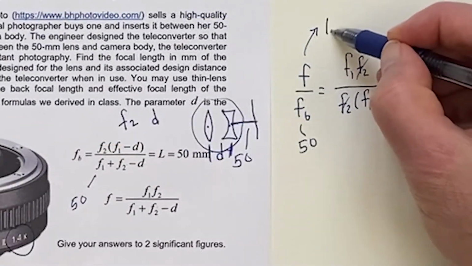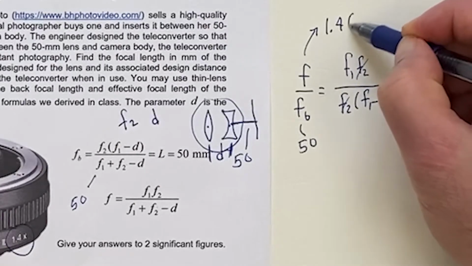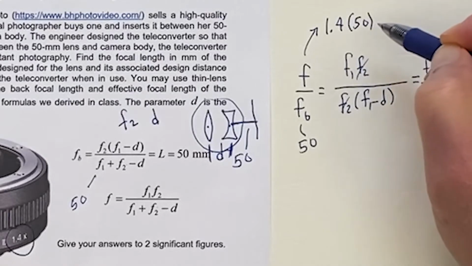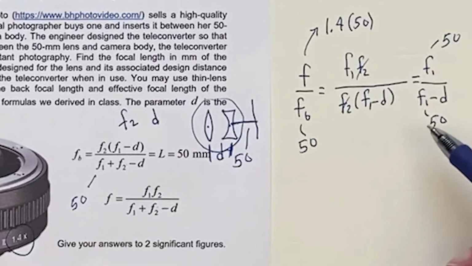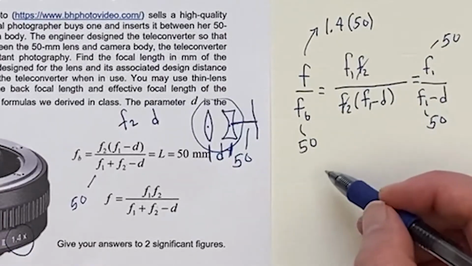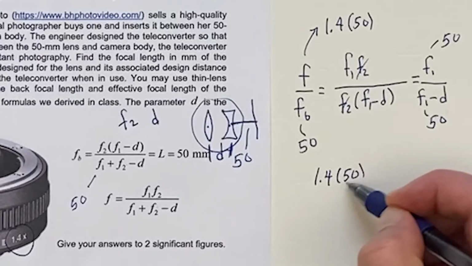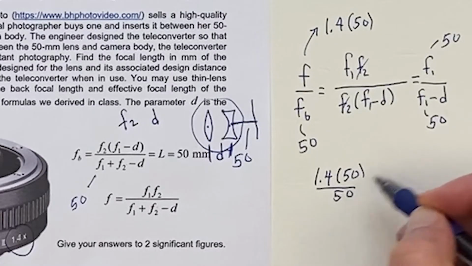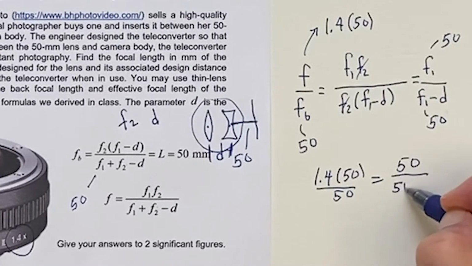So that means it takes 1.4 times your 50, which is your regular lens that you use. That's how that works. So we plug in all this stuff. We then get 1.4 times 50 divided by 50. That's the left-hand side. And then the right-hand side is 50 over 50 minus D.